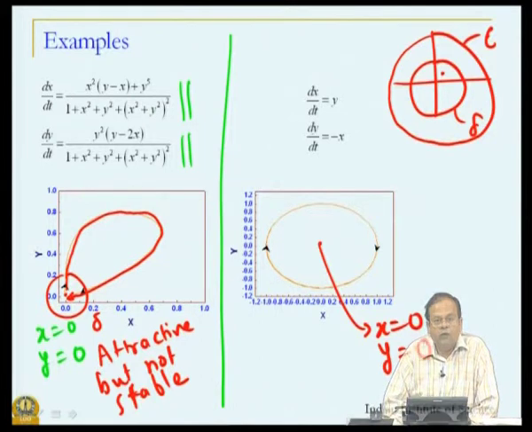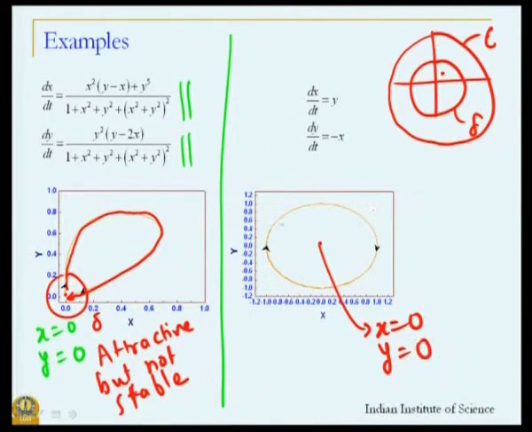Now, if we start with some starting point, let us say over here, the dynamics of this system keeps it on this circle or a limit cycle. So, the solution never actually converges. It never goes to 0.